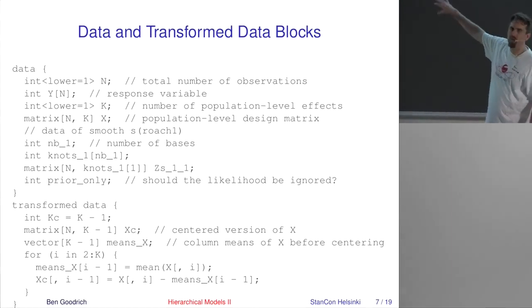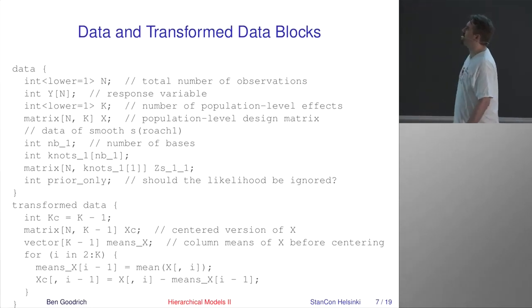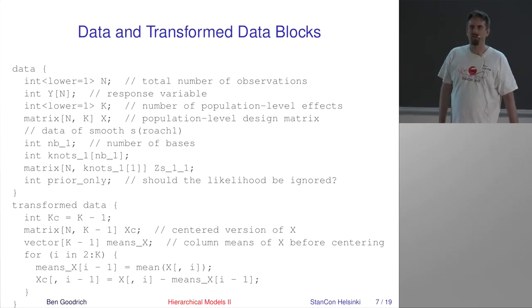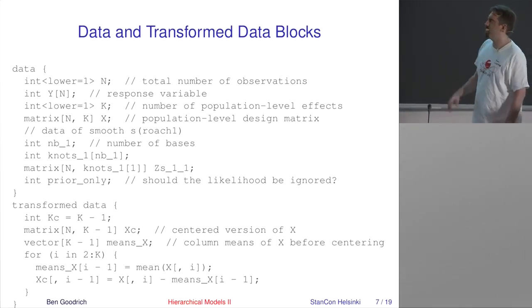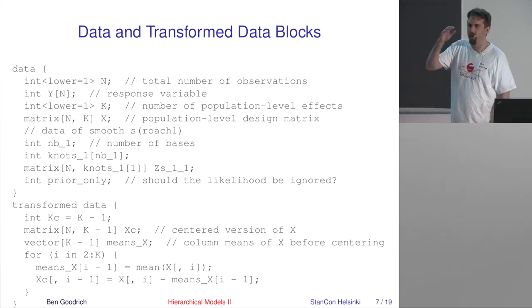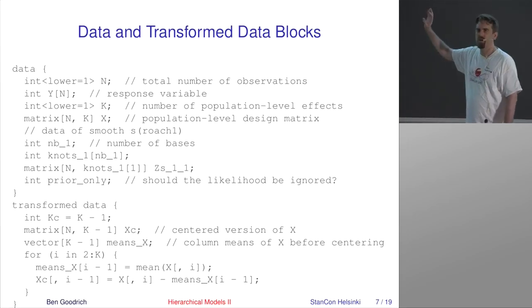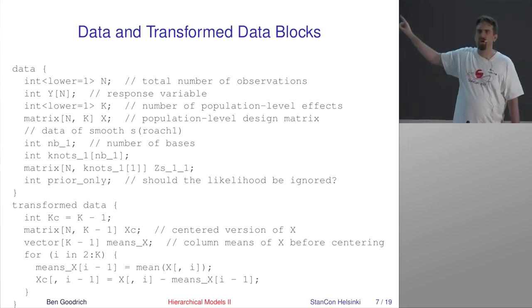Anyway, in the transform data block, all that's going on here is creating XC, which is a centered version of X. So subtracting the column means from each of these predictors and taking away the first column, which is all 1s, because we're going to estimate the intercept separately. So questions about the data block or the transform data block?